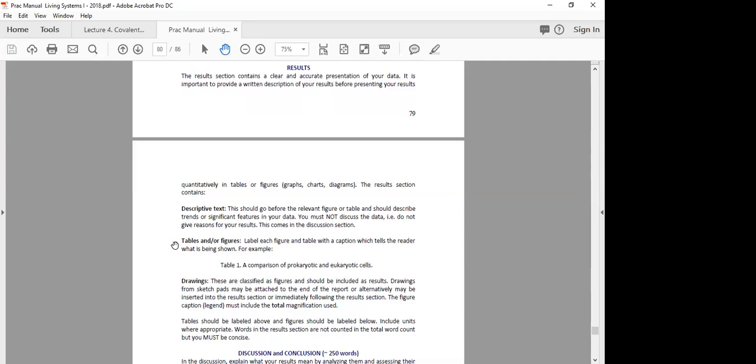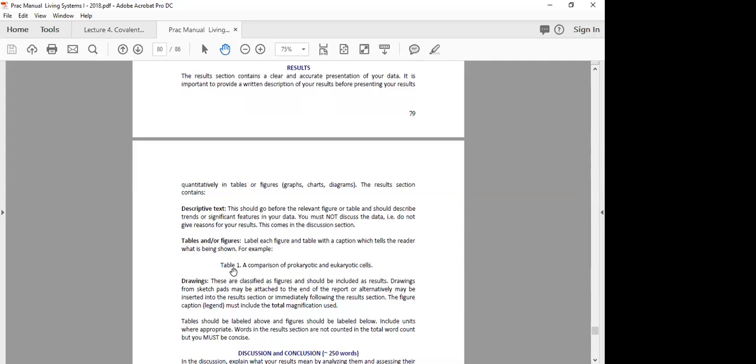All right, tables and figures have to be labelled properly. In other words, label each figure and each table, depending on the prac that you write up on, with a caption which tells the reader what's been shown. For example, if you're presenting a table, then the table caption, as you can see here, goes above the table.